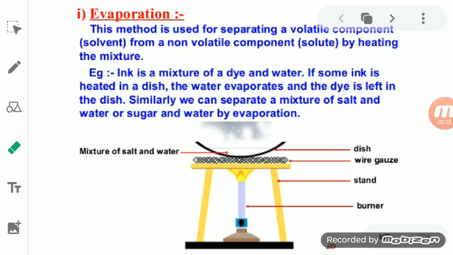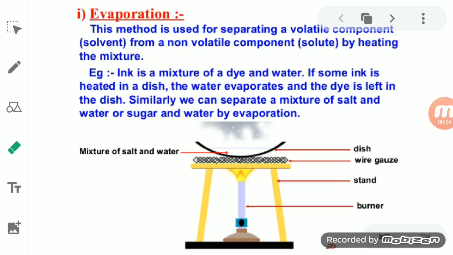We started with the filtration process, where the filter paper helps us separate the solid substance, which is left as a residue on the filter paper, and the liquid is obtained in the form of a filtrate.